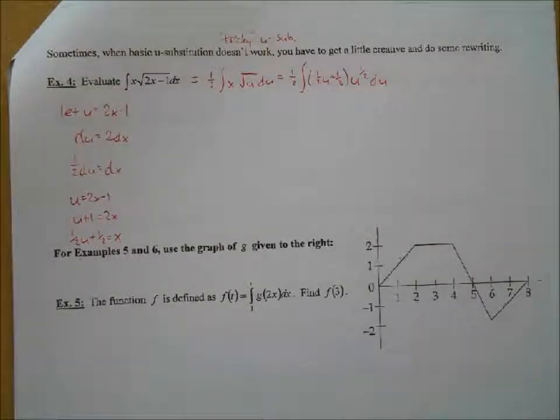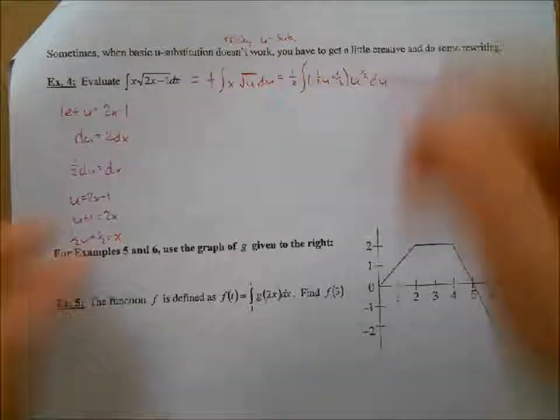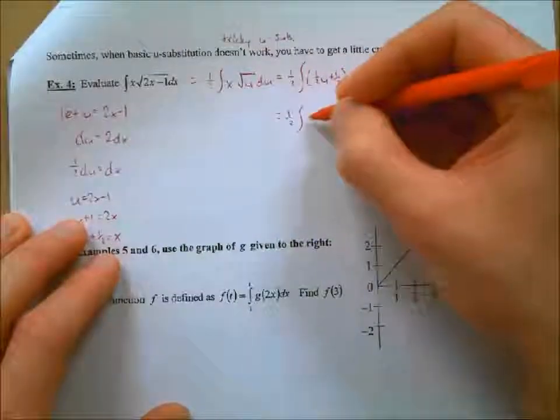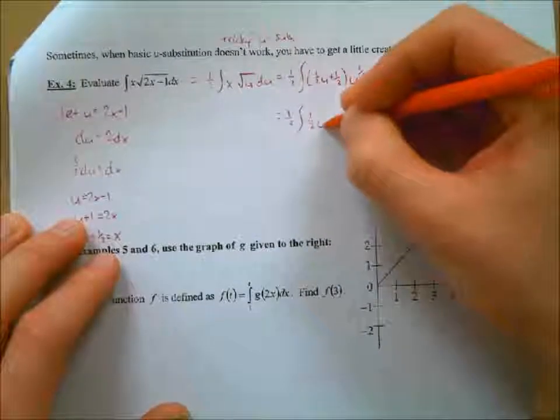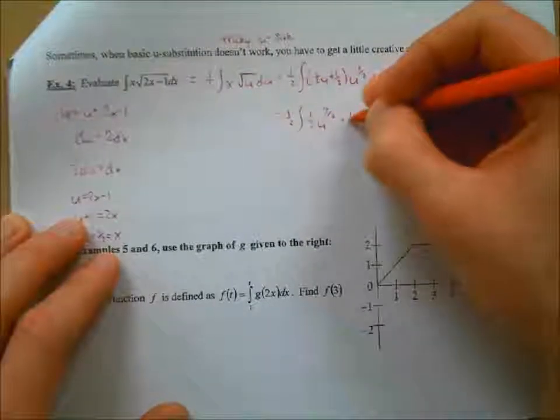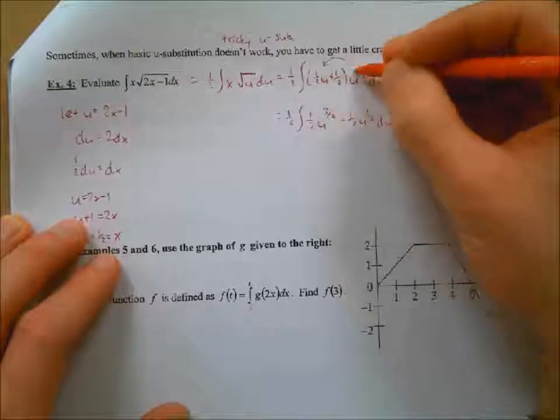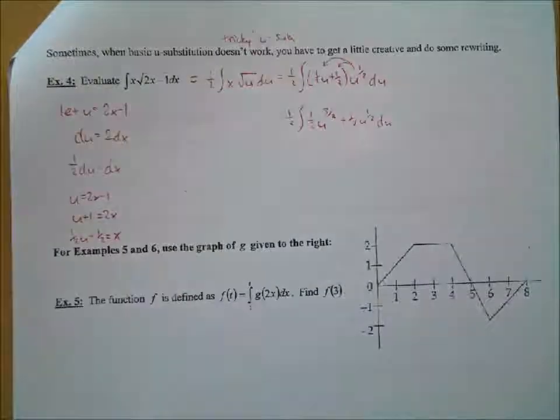No. What should we still do with our integrand before we integrate here? Yeah, distribute that u to the 1/2 through. And so we'll have 1/2 integral 1/2 u to the 3/2 plus 1/2 u to the 1/2. So again, we distribute the u to the 1/2 there.